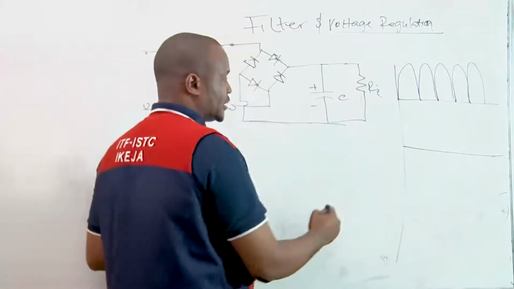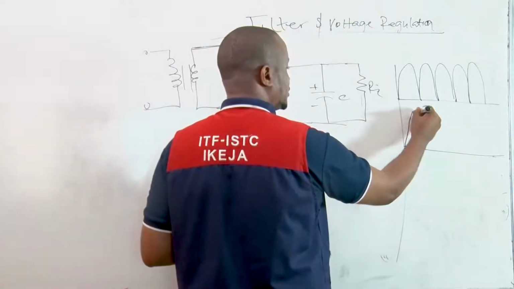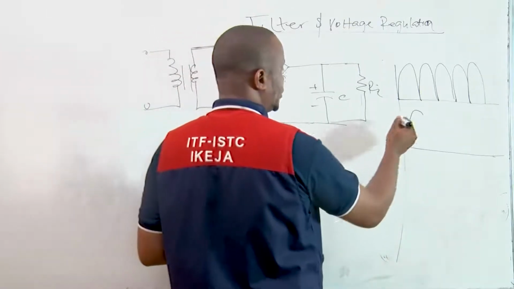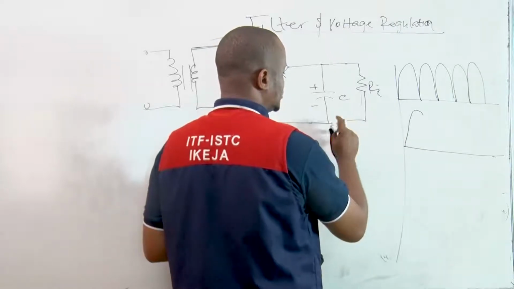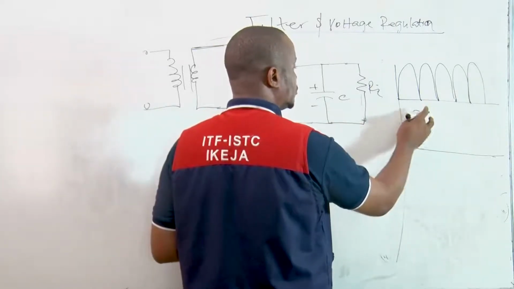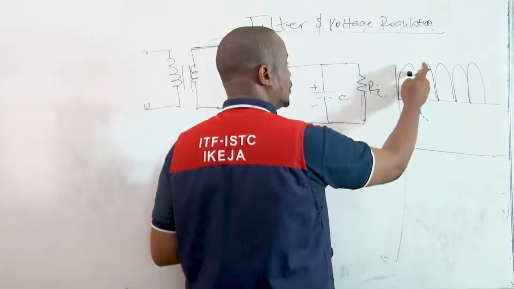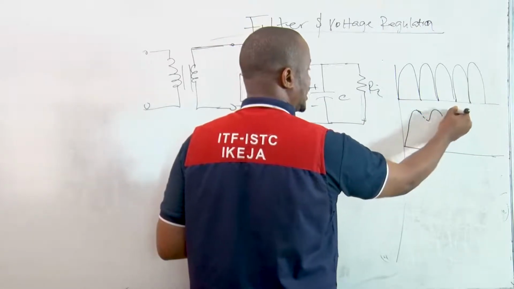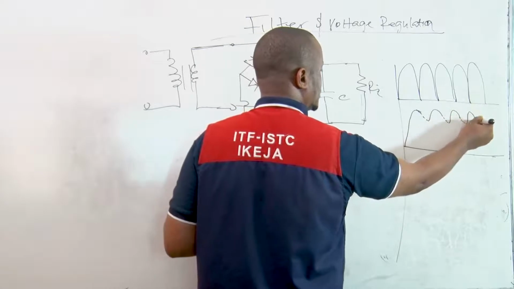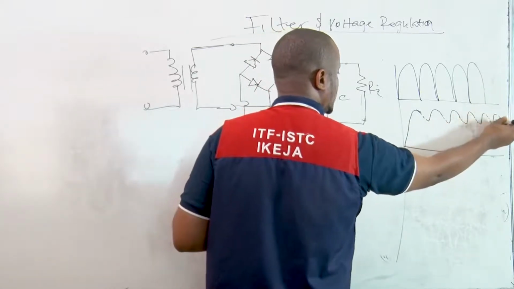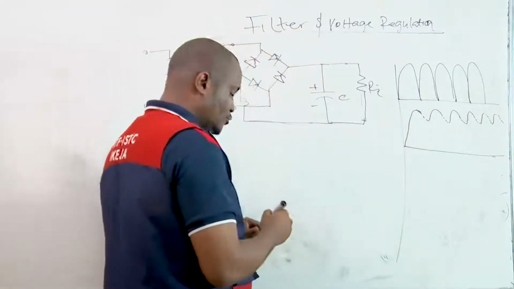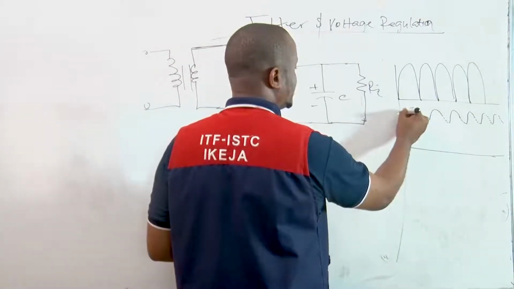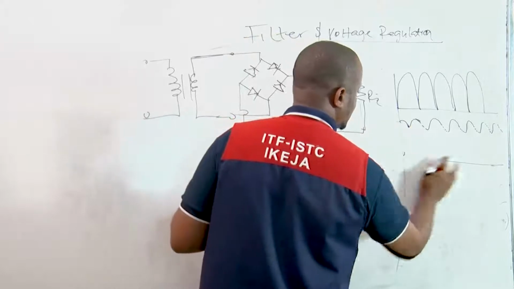When it is during the negative half cycle, when it's trying to discharge, the capacitor will give out its own stored energy and will not allow this to completely come down to zero. So we have a waveform that looks like this. The dotted lines are where the capacitor charges. So at the end of the day, we have the output waveform looking like this.